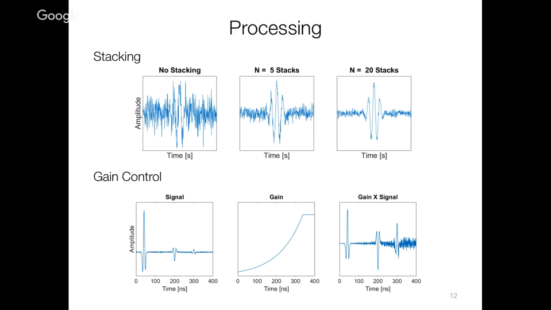So what about the processing? First of all, think about the frequency that we're working at. We're working at high frequencies, maybe 100 megahertz. That's 10 to the 8th hertz, and the period is 1 over that, so 10 to the minus 8 seconds, or 10 nanoseconds.